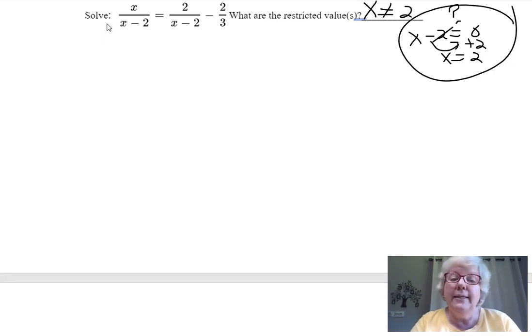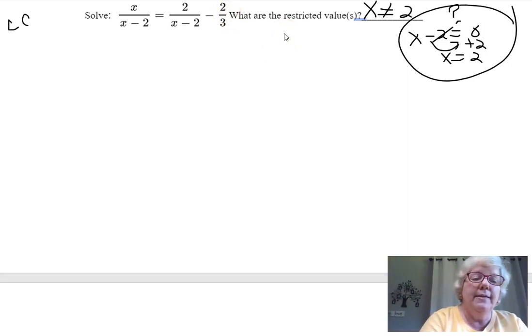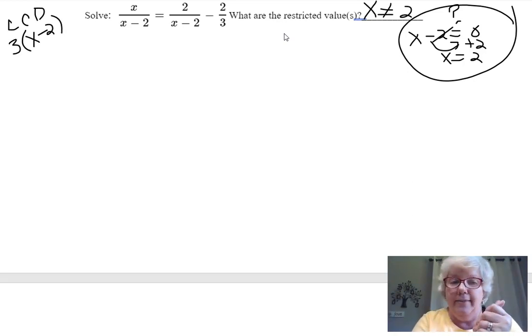Now, what is my least common denominator? Well, it's got to have x minus 2 in it. And notice I had a 3. Now, there's no way 3 can turn into a 0, so you don't have to worry about that. But 3 has to be part of the least common denominator. I'm going to say the least common denominator is 3, and then use a parentheses, x minus 2. Write it like that.